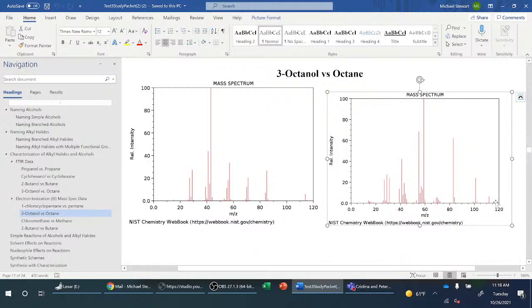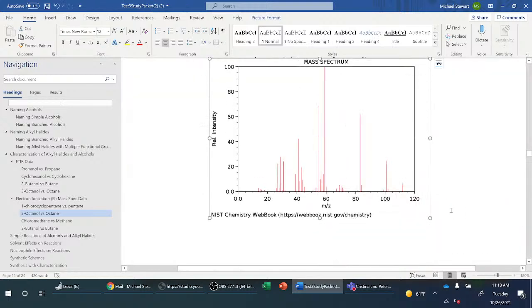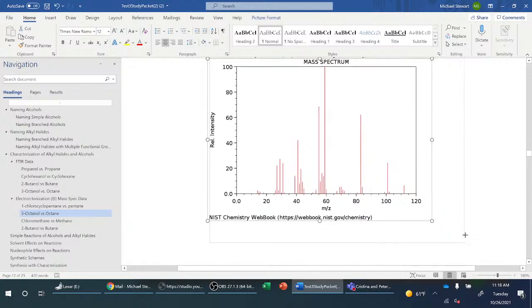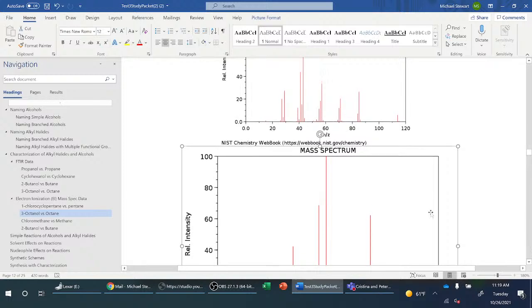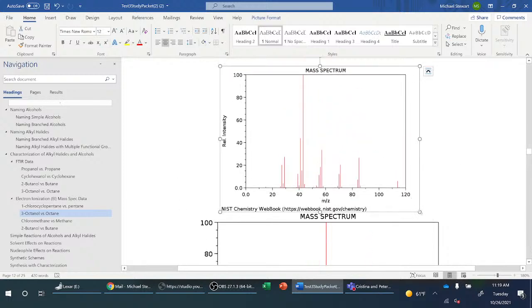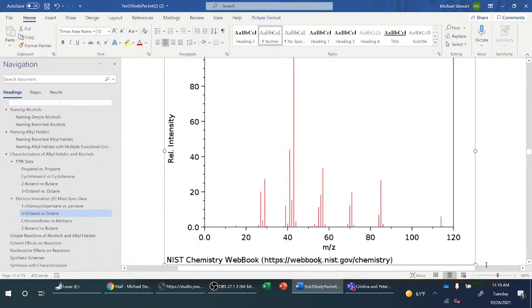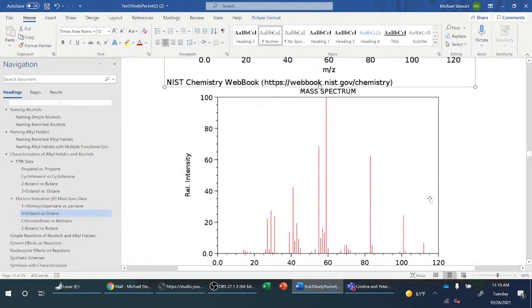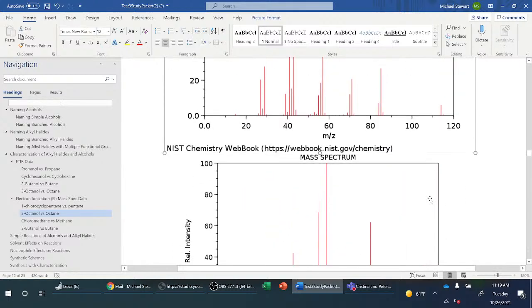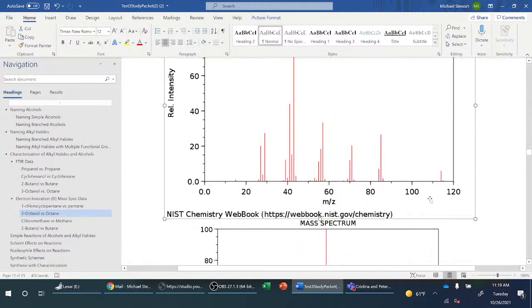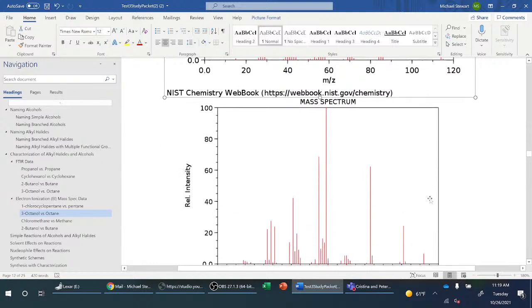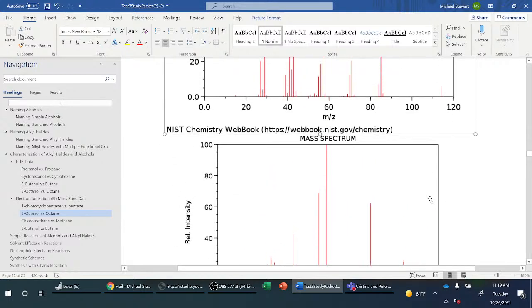There's probably some very little peak up here around 120. So I think it's more that you just need to make the picture really big to see what's going on. I think with that one, it's just more the resolution of the image. I mean, the other thing is just to compare the weight of the fragments.